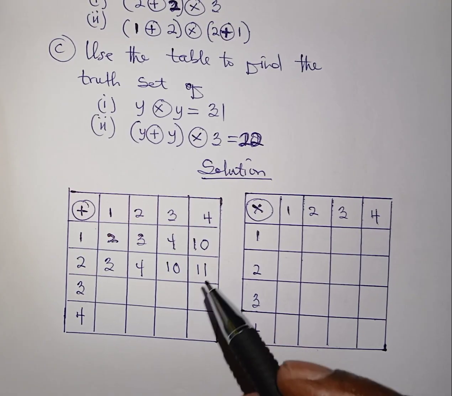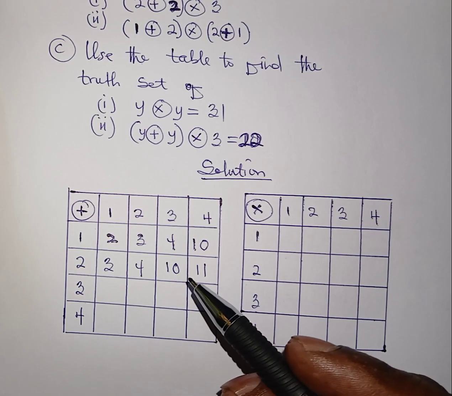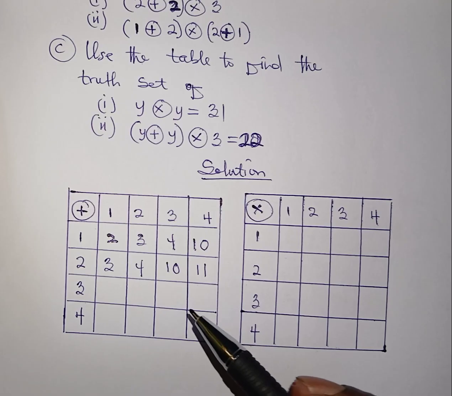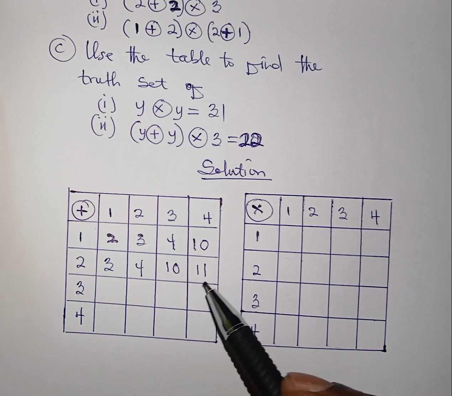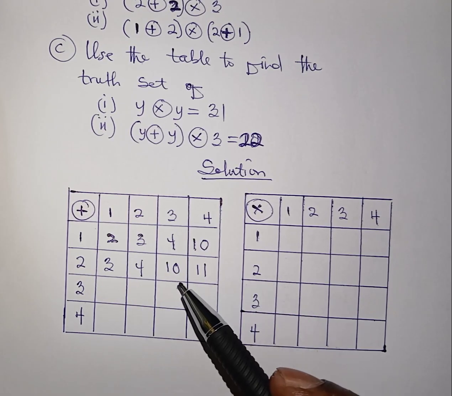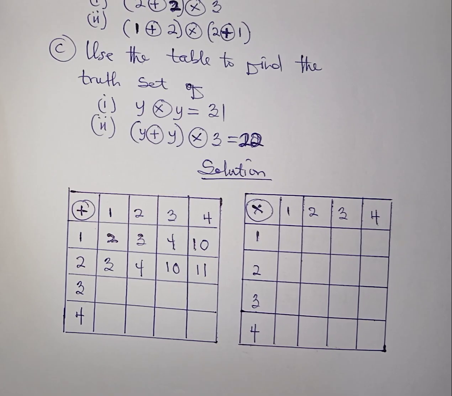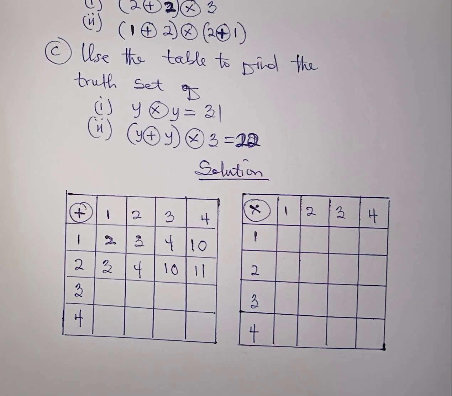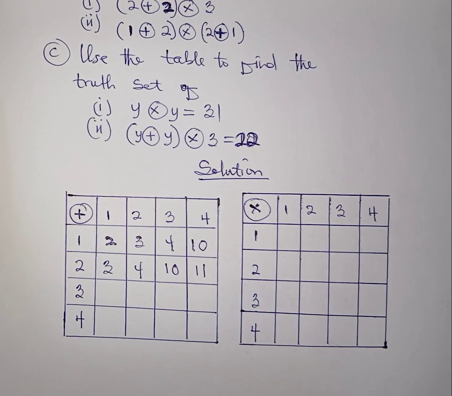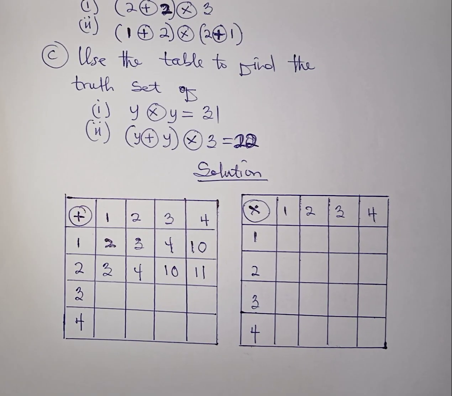Now, when you are doing the addition and the multiplication, you see that it will follow a pattern. So when it follows a pattern, you don't waste your time. You just follow it like that. But take note that not every time will it follow a pattern. It depends on what is given in the question. But in cases like this, it will definitely follow a pattern.